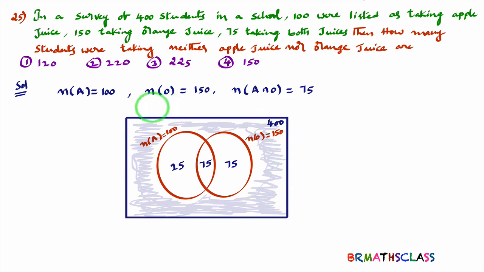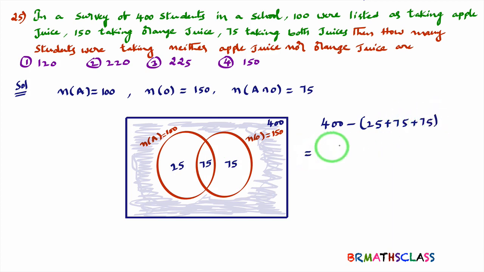That means this full box, including the circles, is 400. But other than these circles, whatever the remaining part is, that is the part that is neither taking apple nor orange juice. So how will you get this part? As we know, this full part is 400. From this 400, I'll remove this. What is this? 25 plus 75 plus 75.